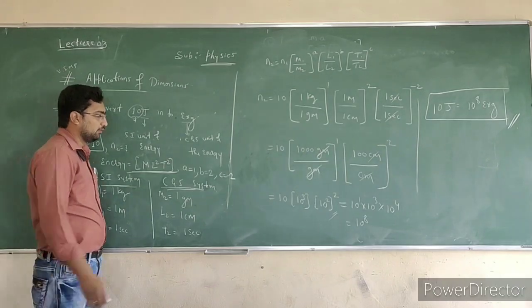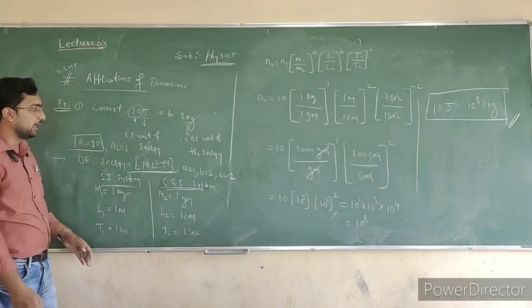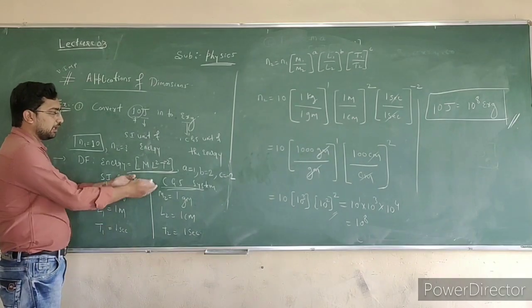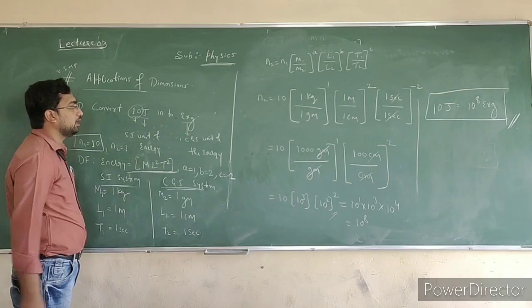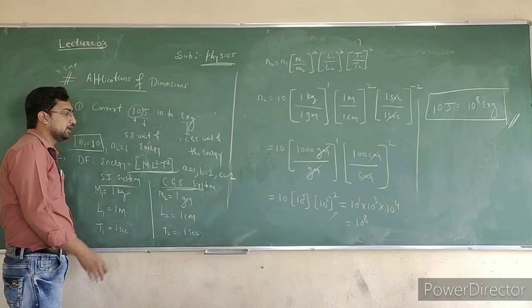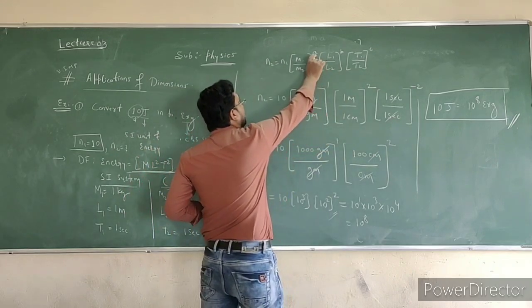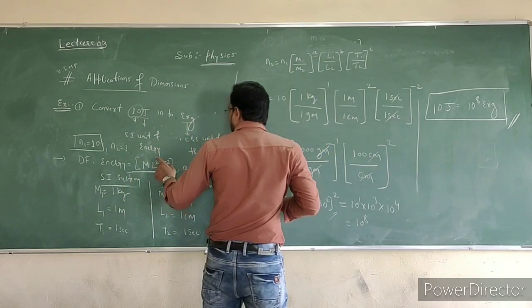After that, we are going to find the A, B, C values. To find the A, B, C values, we compare the powers of this physical quantity with the powers of that physical quantity. While comparing, here M to the power 1 is there and here M to the power A. So A is equal to 1.